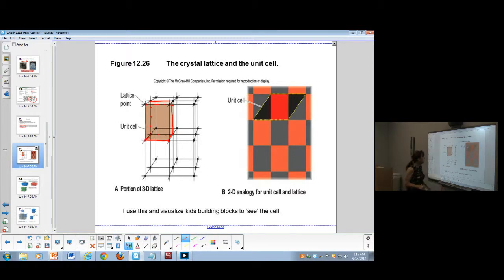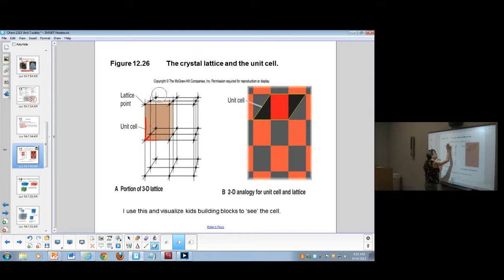So this is like a set of building blocks on top of each other, just square building blocks. Now, they show you the lattice point out here, and the lattice point is said to be identical on all sides. But it might be easier if you focus on this piece, because it's surrounded on all sides by exactly the same thing.